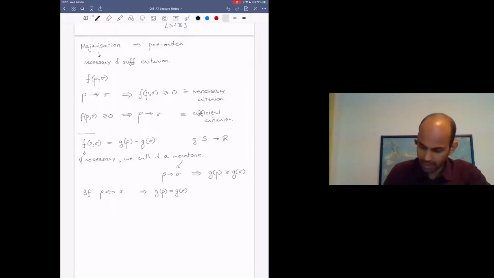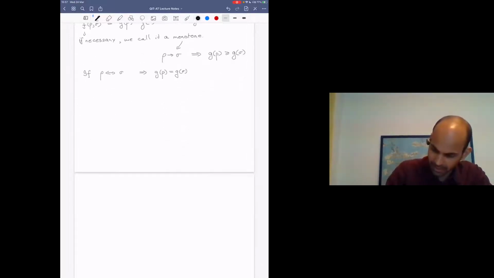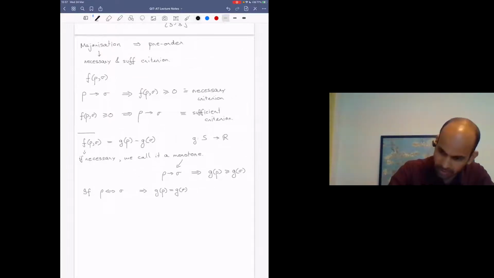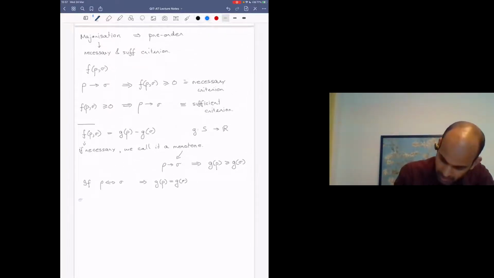Okay. Now, an example of these in the case of vectors under doubly stochastic transformations is all Schur-convex functions.